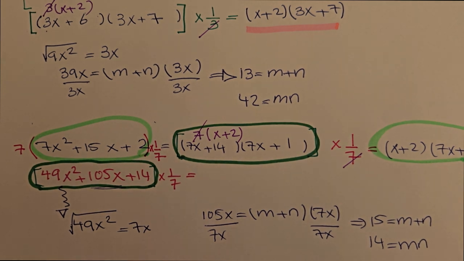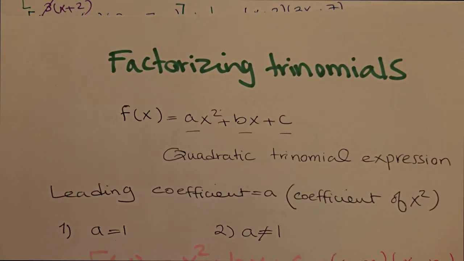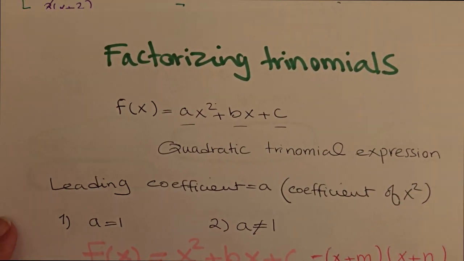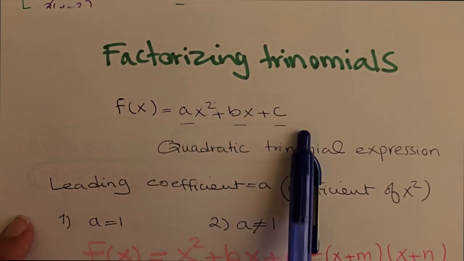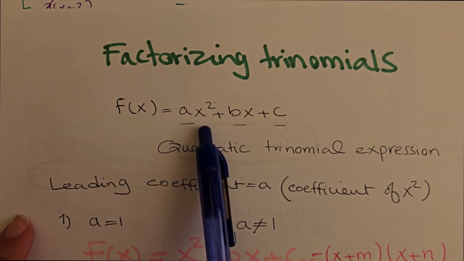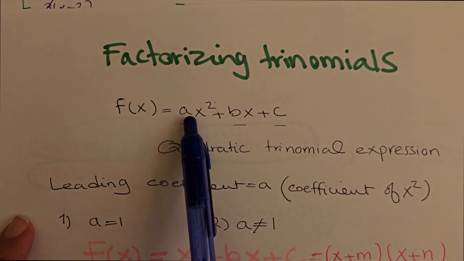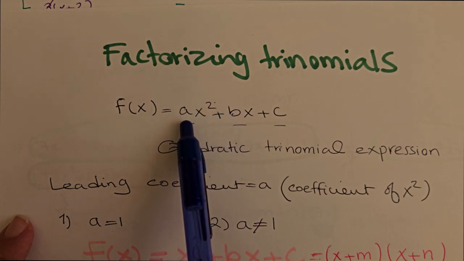Let's do a recap together. In these videos, we were trying to factorize trinomials. Trinomials, that means three terms. And it was quadratic because the biggest power was 2. And then remember, we defined the coefficient of x squared to be the leading factor.